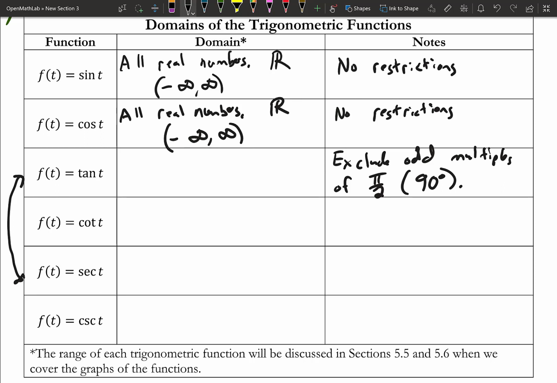So that would be the same for secant, right? We need to exclude odd multiples of pi over 2, which is 90 degrees.